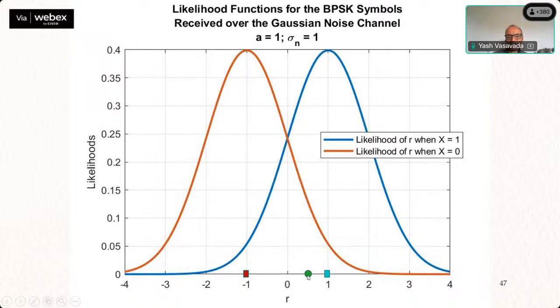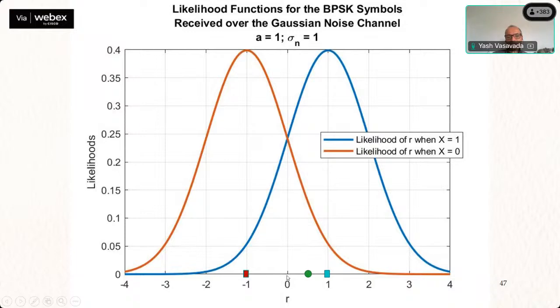We said that as I slide this green circle toward the left, exactly at r equal to 0, we flip from deciding x equal to 1 to x equal to 0. The reason is that r equal to 0 is exactly halfway between the two transmitted symbols, +1 and -1. At r equal to 0, the distances are the same from these two symbol points.